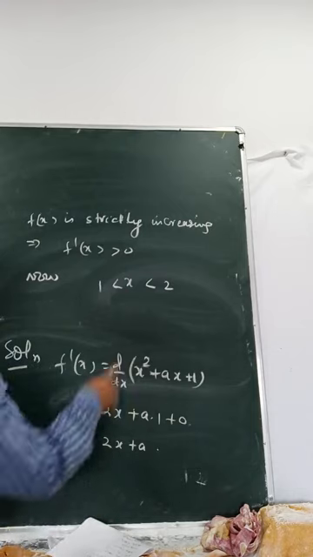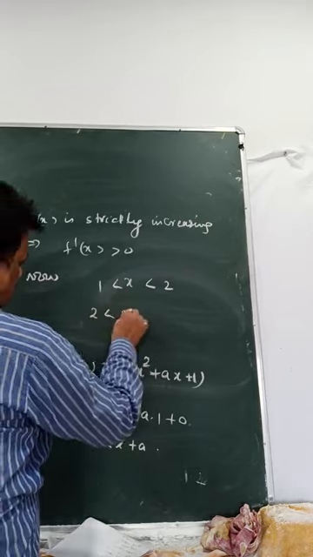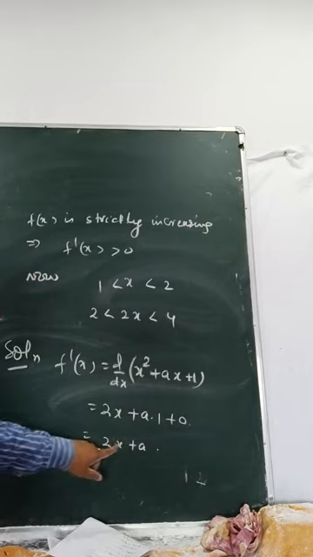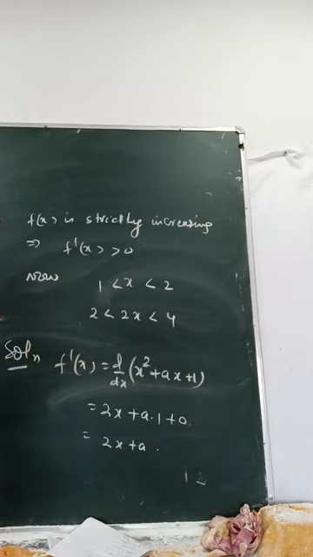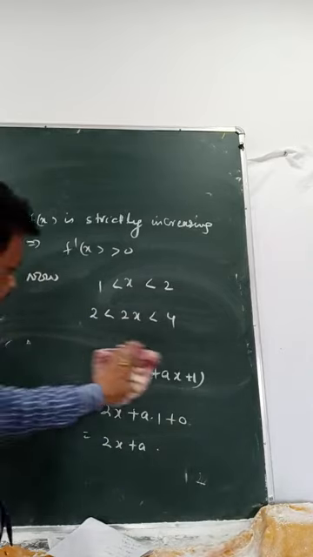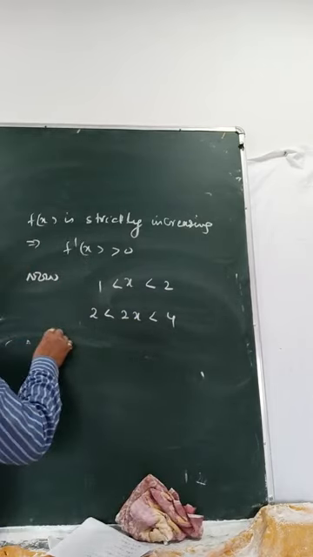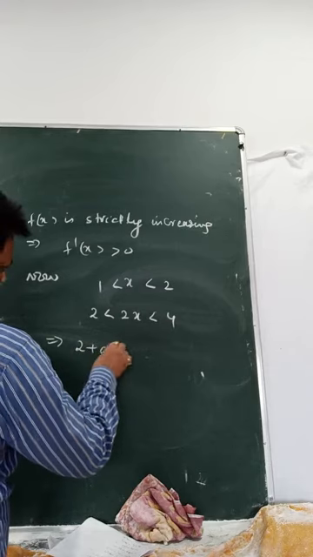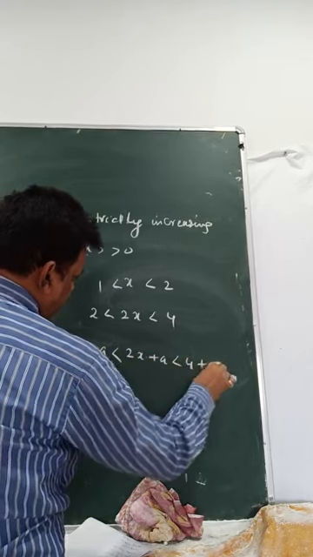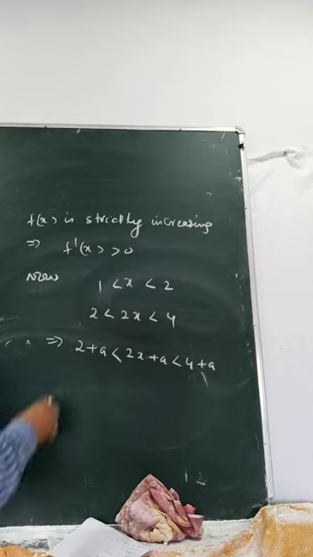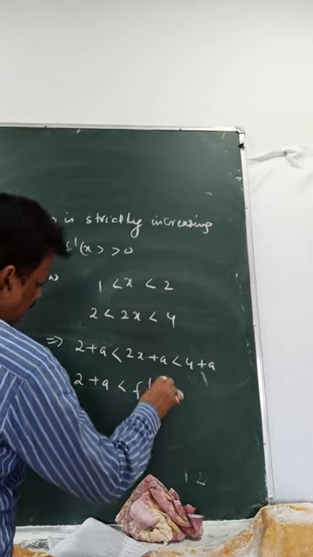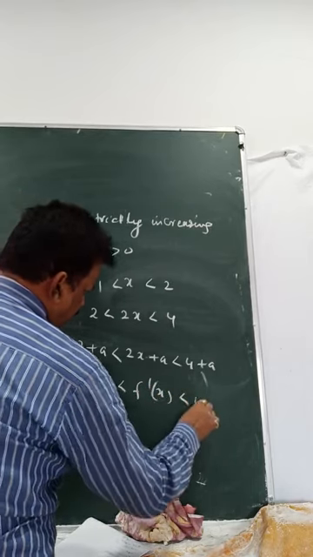So first I have to get 2, meaning 2 less than 2x less than 4. I multiplied by 2. Then add a to all the 3 terms. So what shall I get? Implies 2 plus a less than 2x plus a less than 4 plus a. Implies 2 plus a less than f dash x less than 4 plus a.